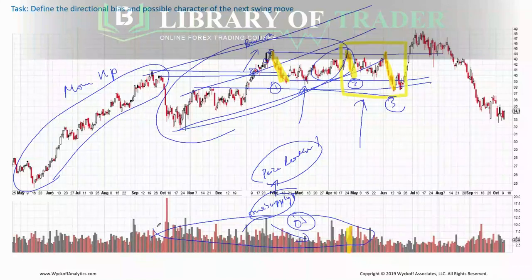Now, what's interesting is that it does deteriorate the momentum, but it doesn't deteriorate the structure to the upside yet, until probably the second reaction and third reaction.